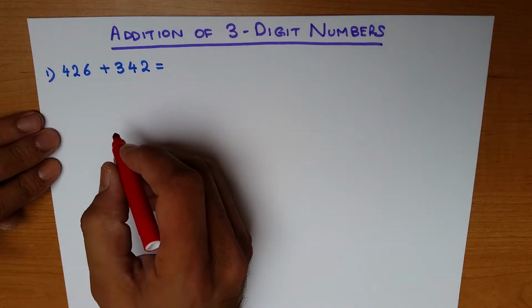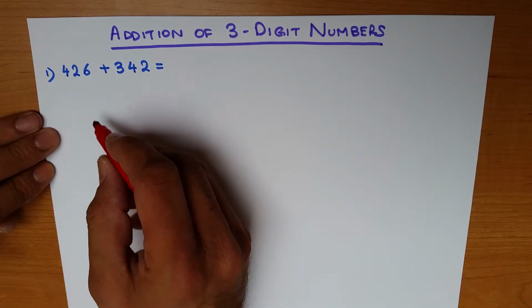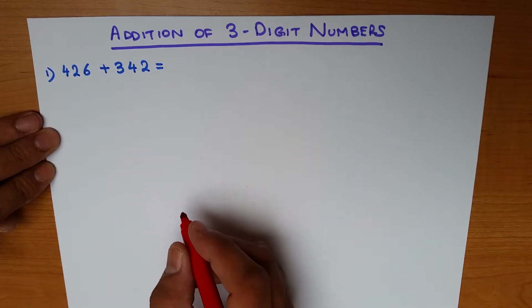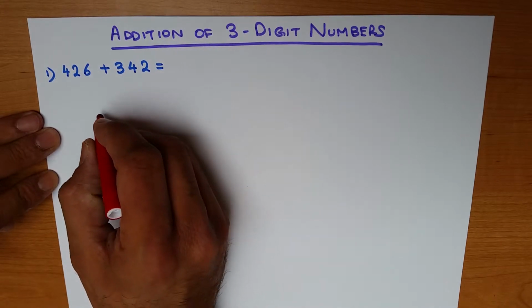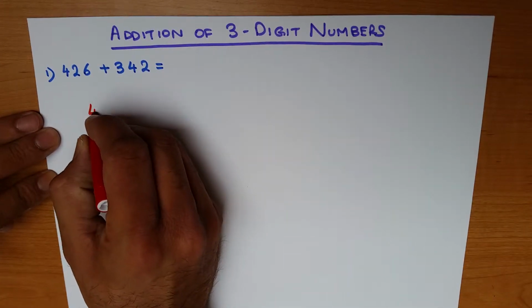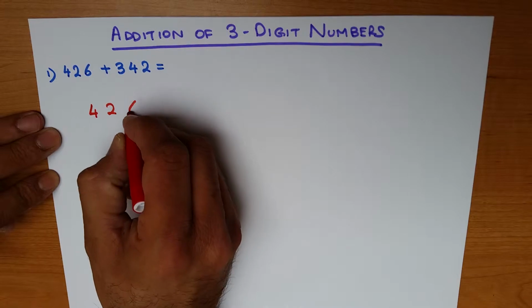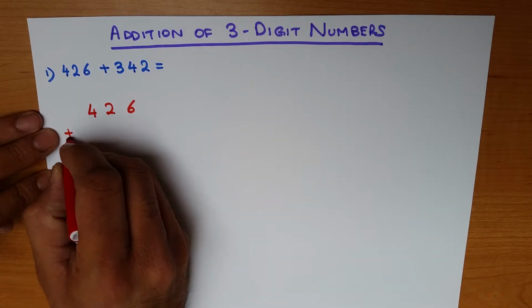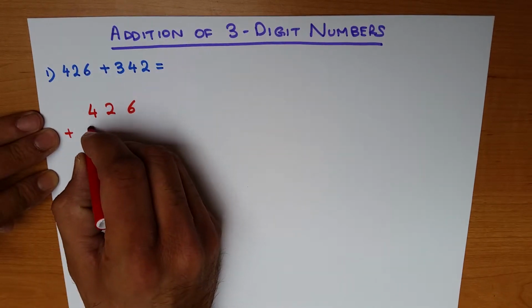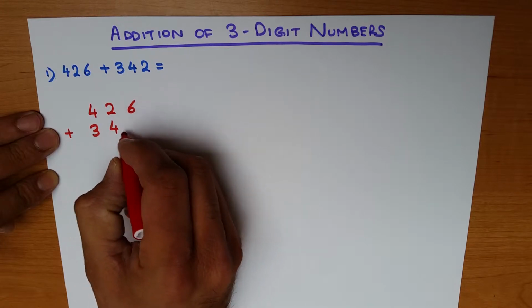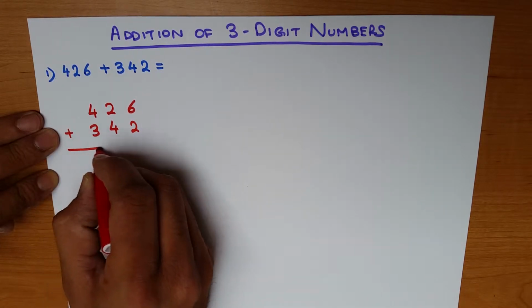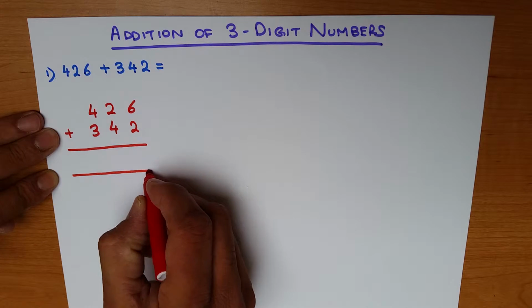Don't forget, in the vertical format, we write the numbers in nice, neat columns. 426, don't forget the plus sign, 342, and the nice big equal sign at the bottom.